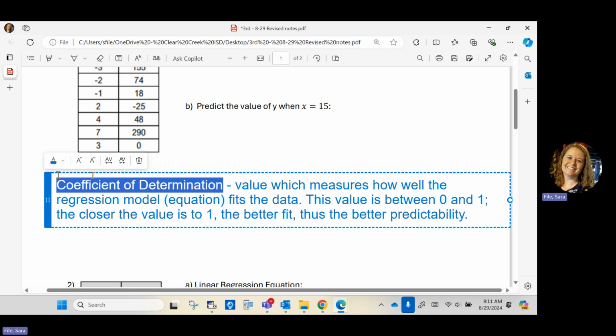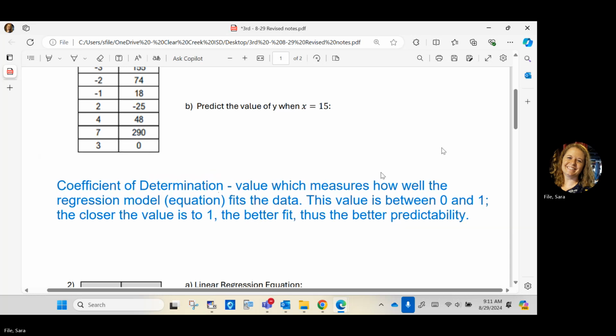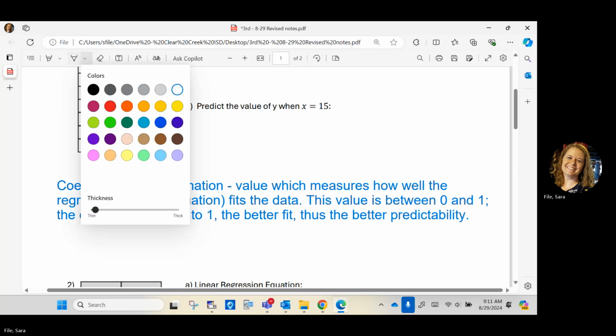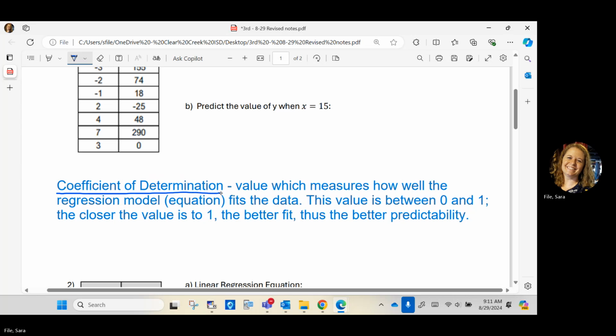So that's the definition that we want. The coefficient of determination, again, that's your R squared.